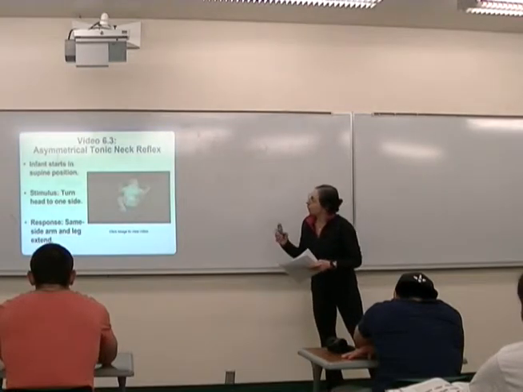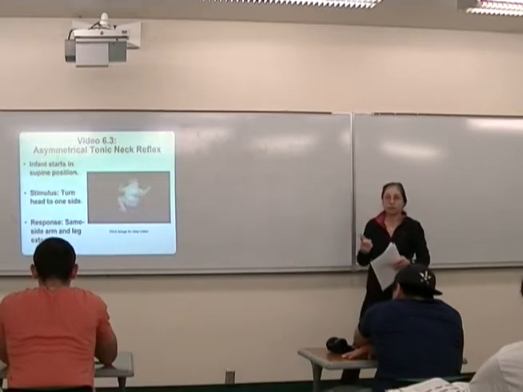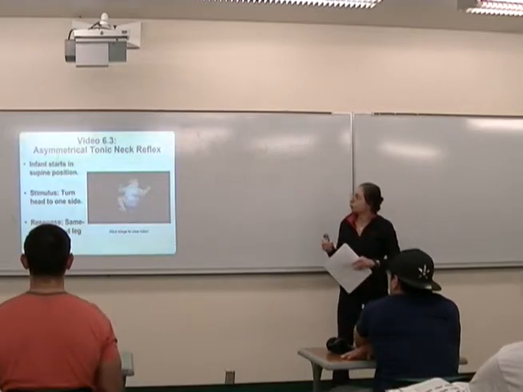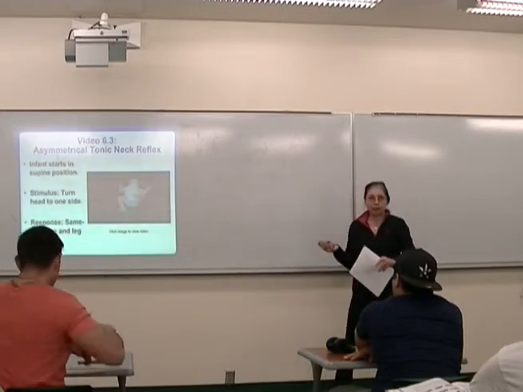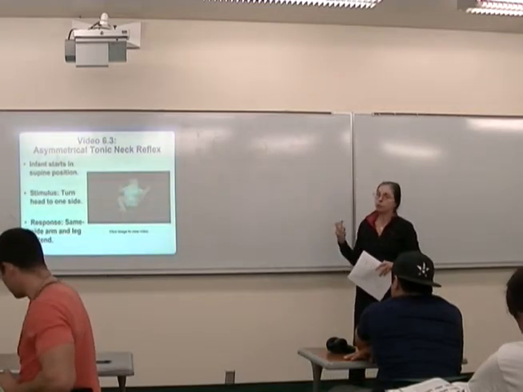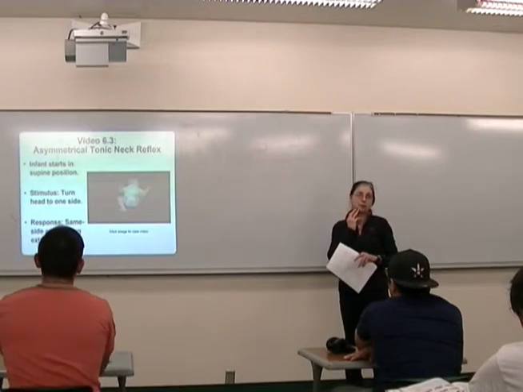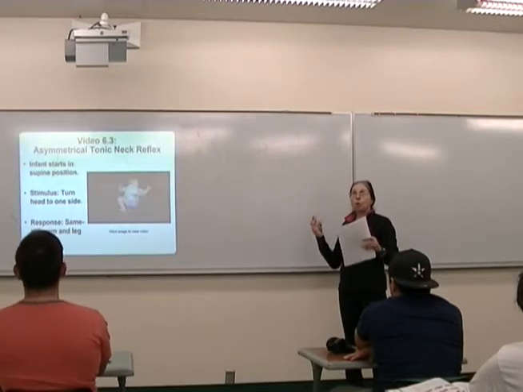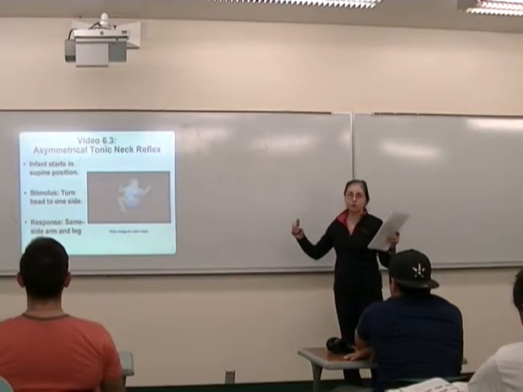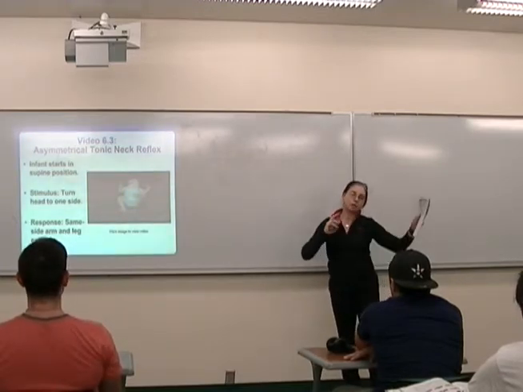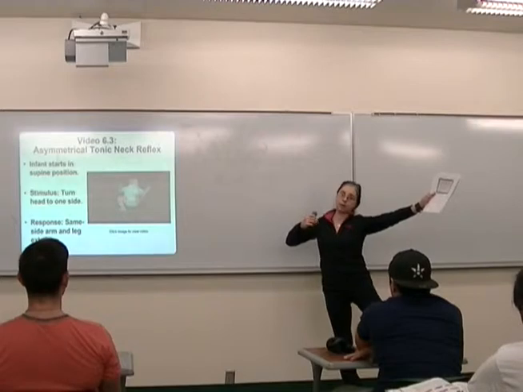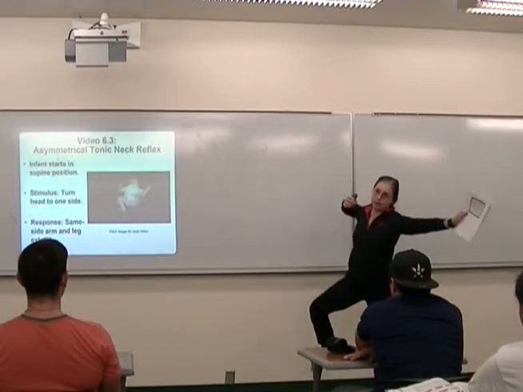So, this one is a primitive reflex, the asymmetrical tonic neck reflex. Baby's lying on its back, and if you turn the baby's head to one side, more often than not, you will see this reflex. The way the head turns, the arm and the leg on that side stretch out, the arm and the leg on the other side tuck up.